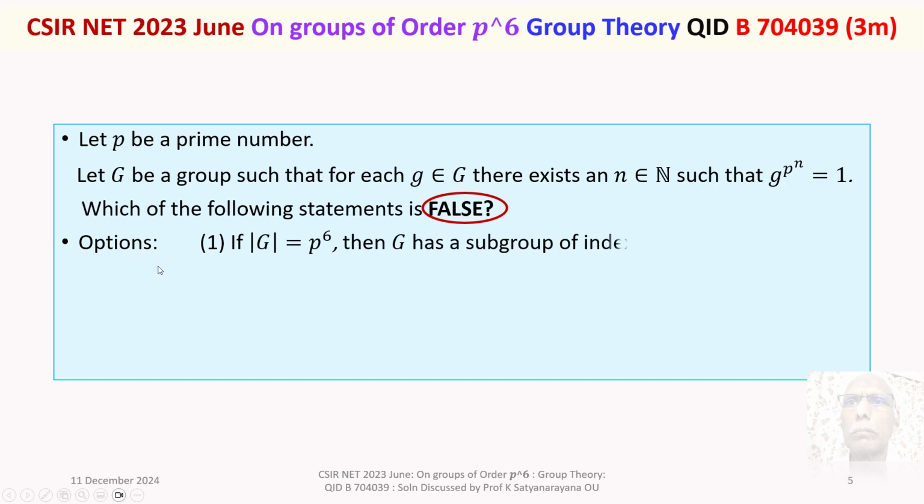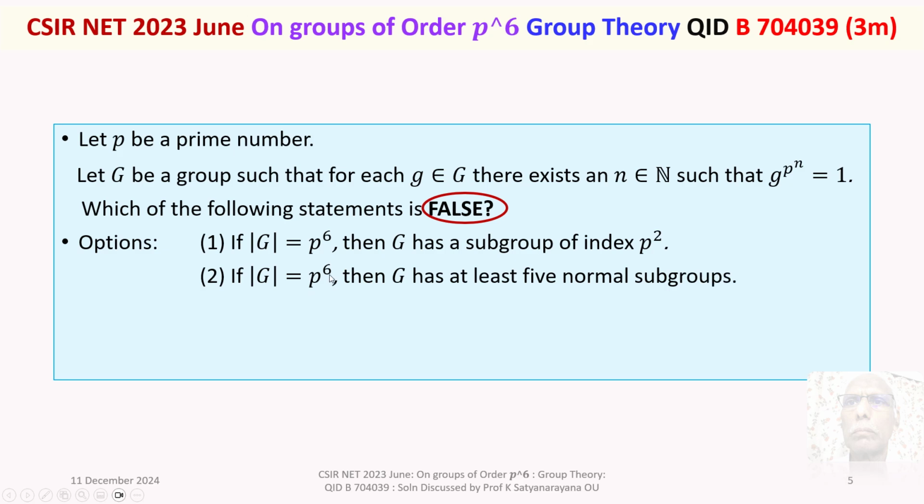We are given 4 options. Option 1: if order of G is p to the power of 6, then G has a subgroup of index p square. Option 2: if order of G is equal to p to the power of 6, then G has at least 5 normal subgroups.